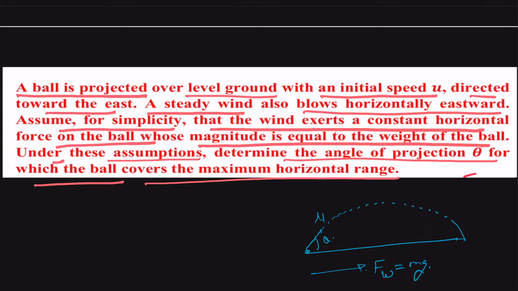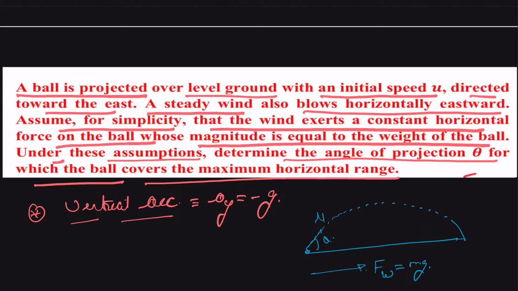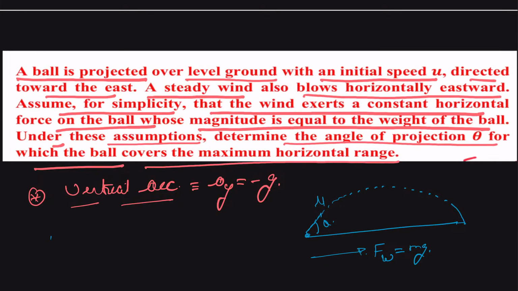And therefore we can write that our vertical acceleration, that is a of y, will be equal to minus g, and our horizontal acceleration, a of x, will be equal to plus g.